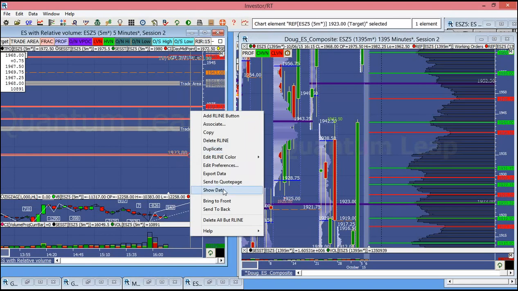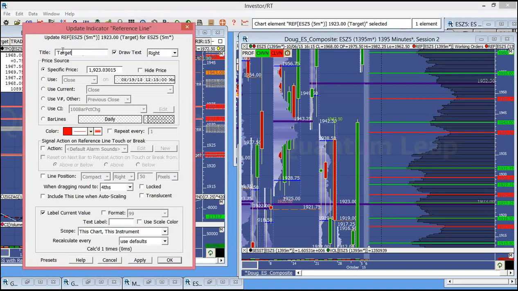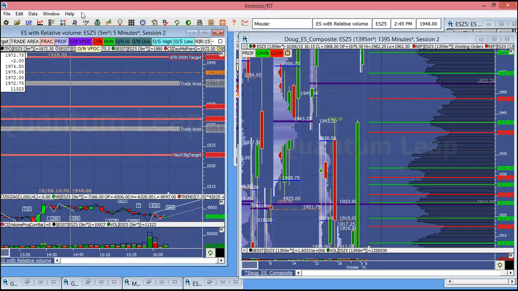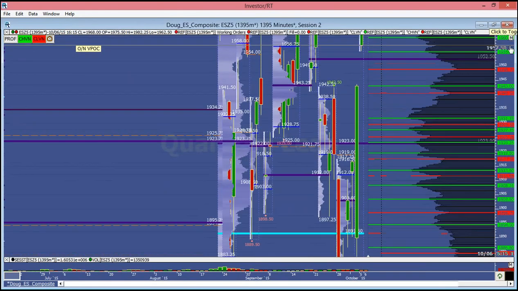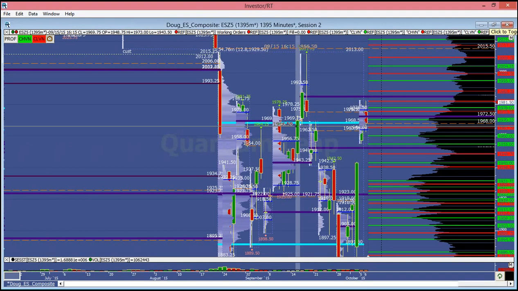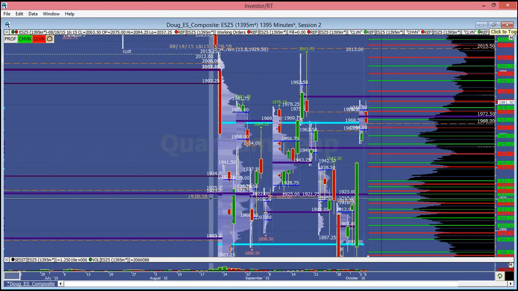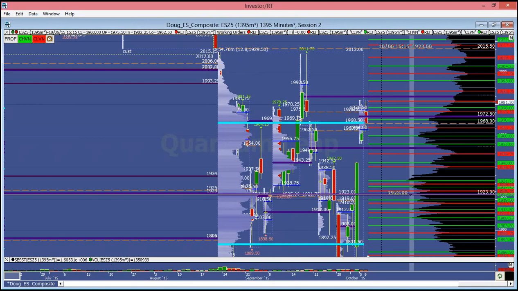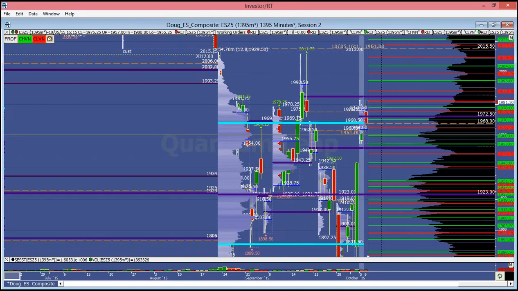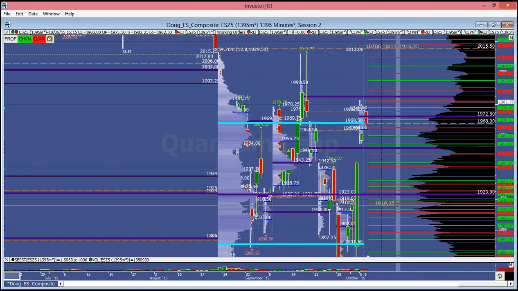So if we get back inside, look for a continuation down to the next big target, which is that micro composite VPOC. Oh, that's this whole area right here. The most traded price is this 23. So if we get back inside of value, we've got gaps, okay, and a lot of repair to do in this area.